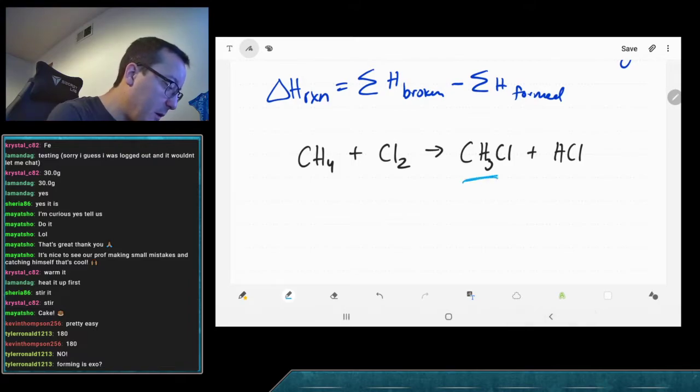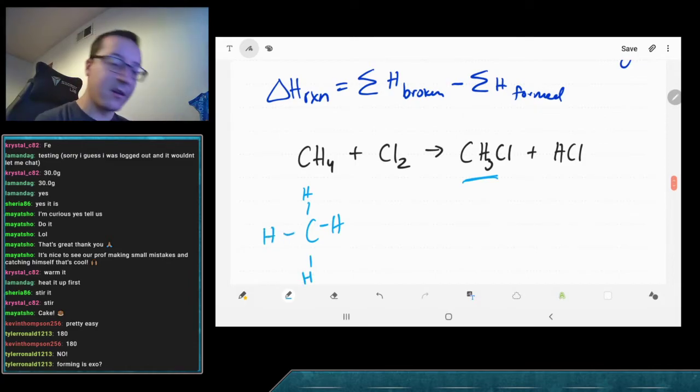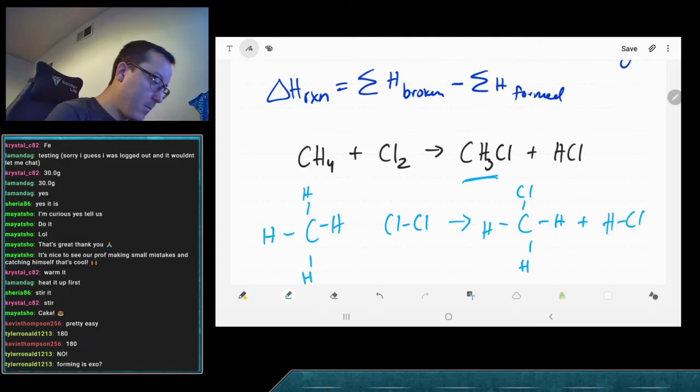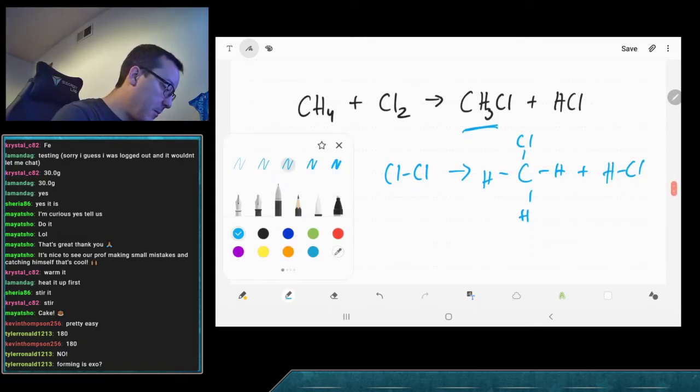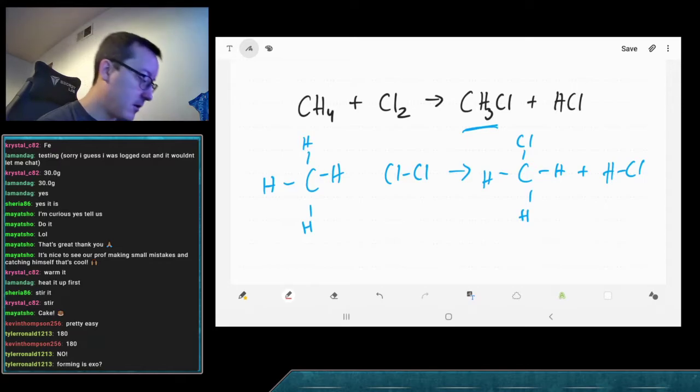It's actually best to draw the Lewis structures for this type of thing so you can see exactly what's happening. So from this, let's see what we're breaking and what we're forming here.